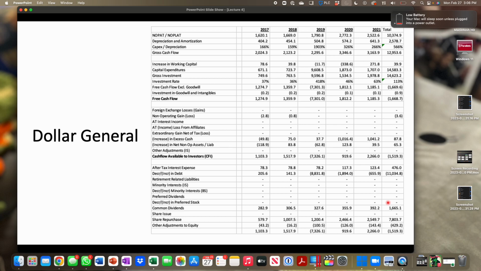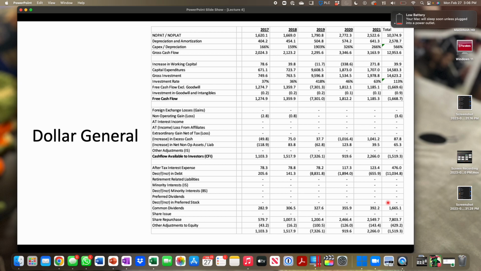So the Dollar General stores were starting to pop up everywhere as they were doing a nationwide expansion. And they continue to want to expand in 2022, given their CapEx to depreciation ratio in 2021 of 266%. That negative free cash flow, negative 1.7 billion, became negative 1.5 billion of CFI because they did take 87.8 million of cash and increased their excess cash, and they also bought some non-operating assets that cost them 65 million.